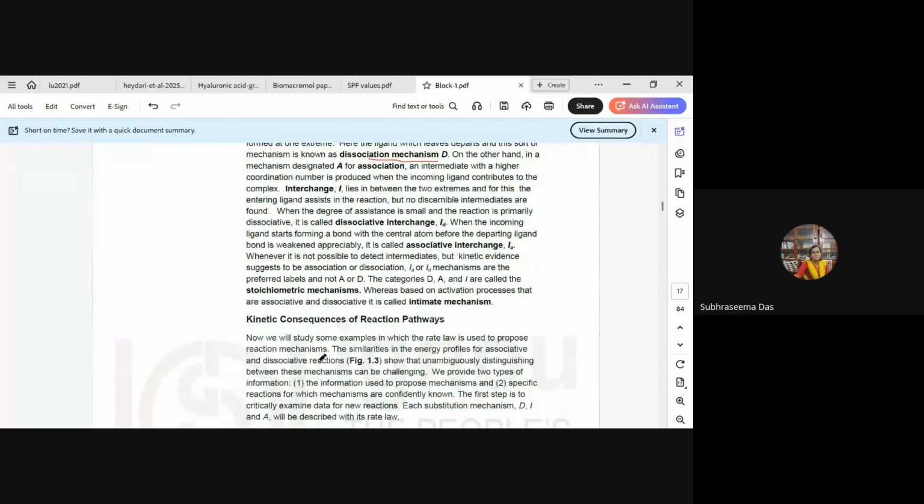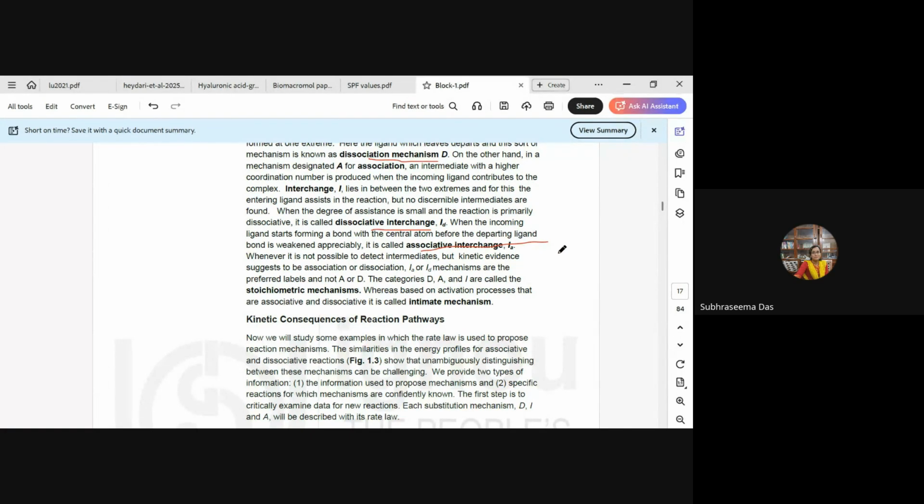When the degree of assistance is small and the reaction is primarily dissociative, it is called ID, that is interchange dissociative. When the incoming ligand starts forming a bond with the central atom before the departing ligand bond is weakened, it is called associative interchange, that is IA.